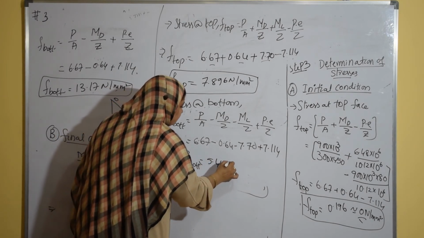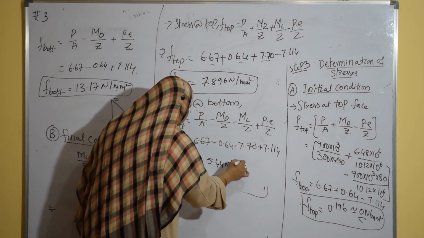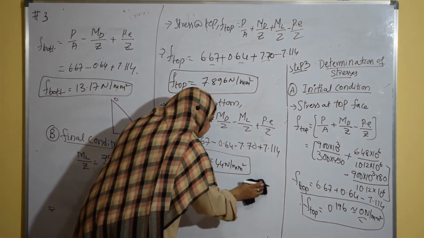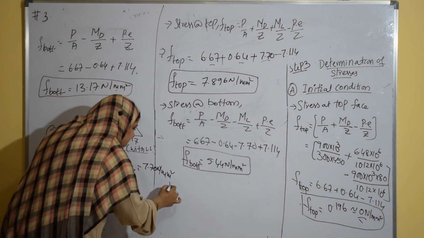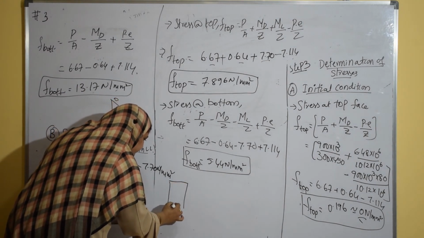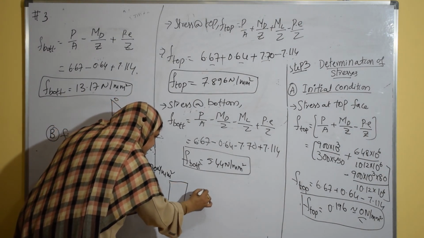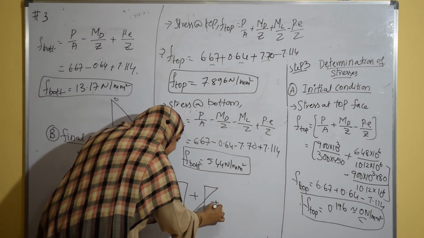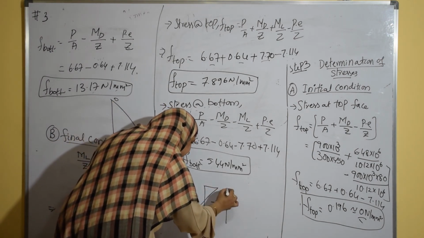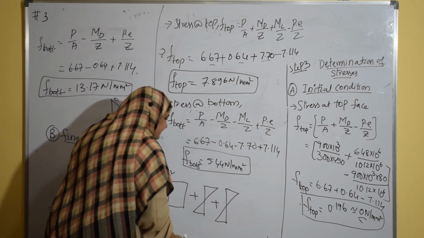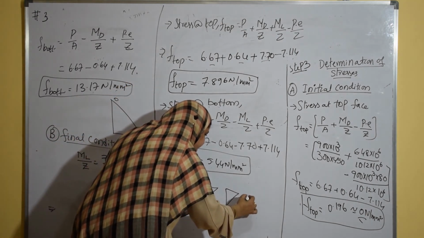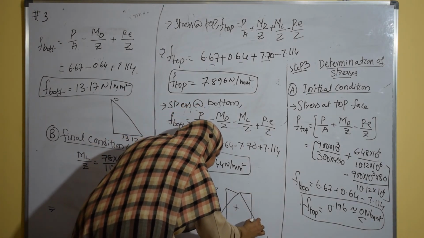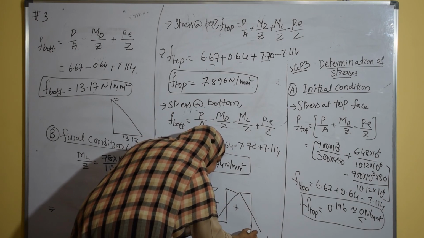So this type of problems are similar. Sketching also is very similar, only the top has become more, the bottom is less. So simply P by A plus MD by Z plus ML by Z, all of you know it because already we have done. Then minus, plus, this will come like this.